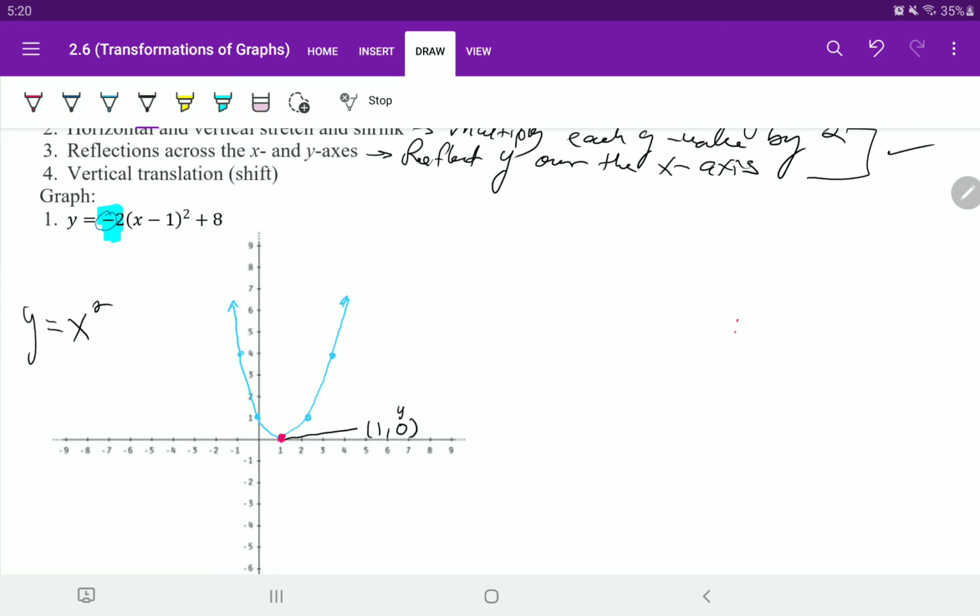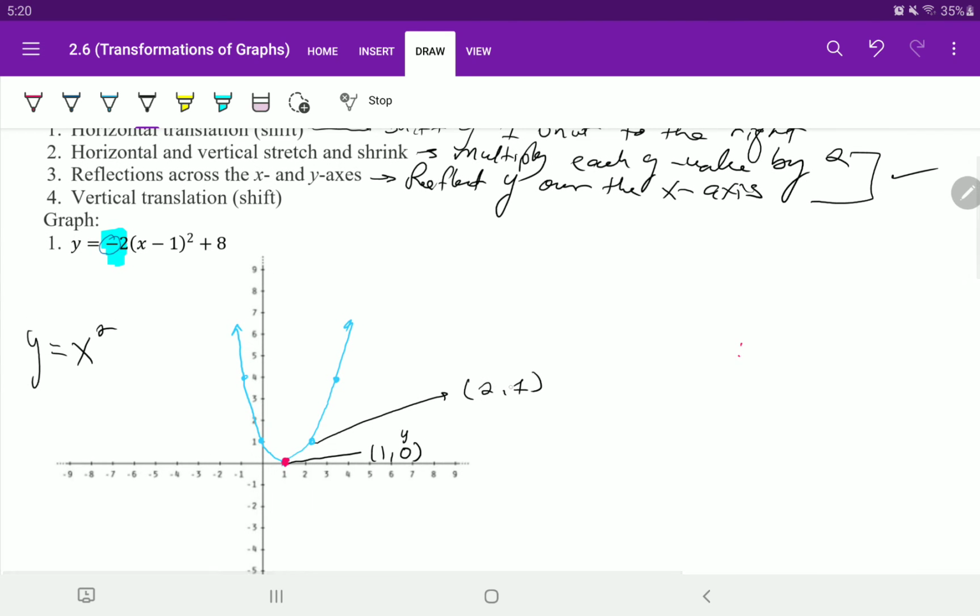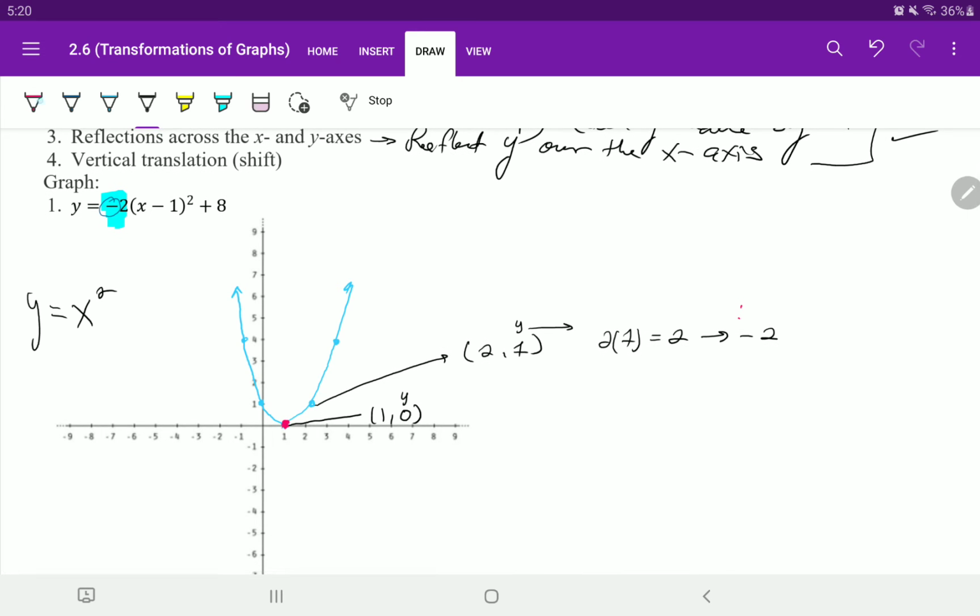Now, when it comes to the next point, this point right here is going to be 2, 1. We're going to multiply the y coordinate here by 2. So 2 times 1 is 2. And then we're going to change the sign because it's a reflection over the x-axis. So that becomes -2. So now we have the coordinate of 2, -2.